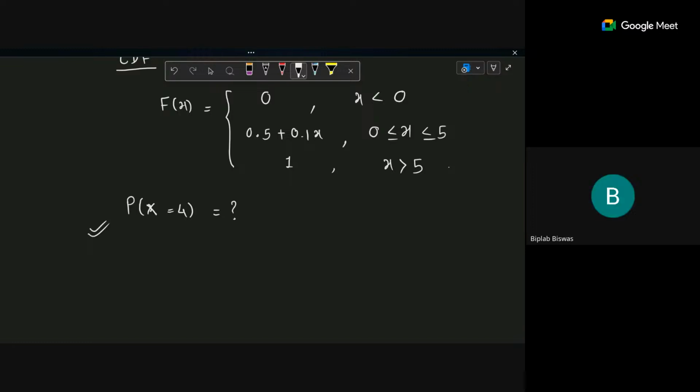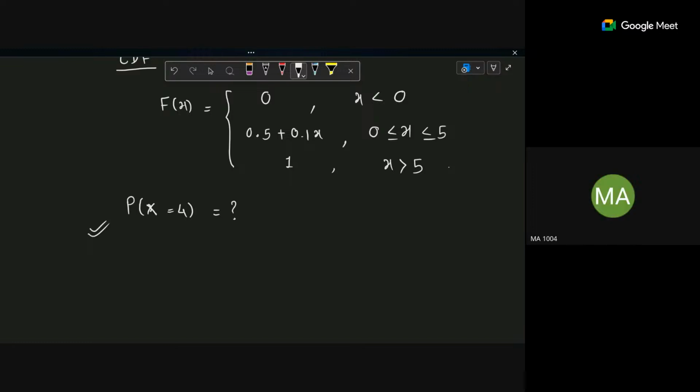So this we have to integrate with respect to x, right? And then x exactly 4. 0 to 5, I think we have to take the range. Correct, no?